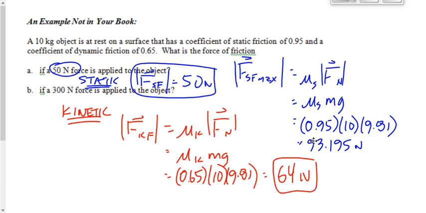Didn't I say, look at what we got for static, 50. Kinetic is 64. Didn't I say that static is greater than kinetic? No, I didn't say that. What did I say?